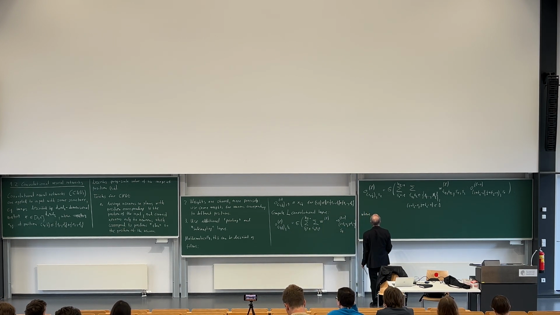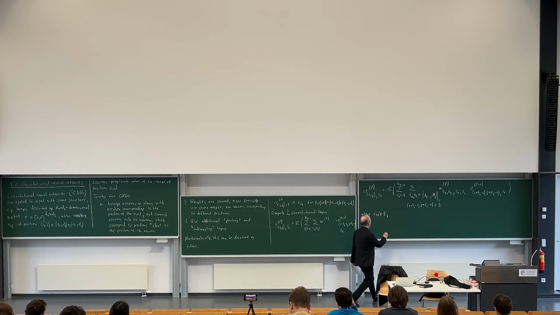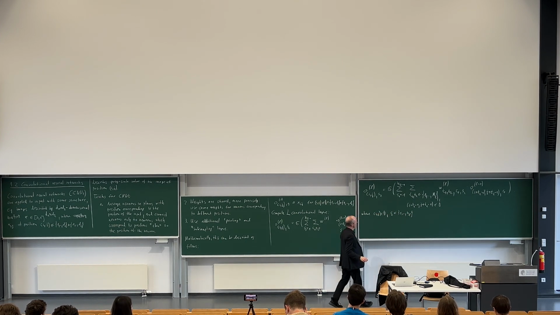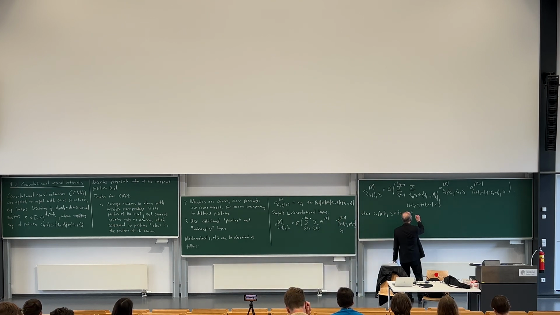So what do we have? We have (i,j) in D. You have L in 1 to capital L, and S2 is one of the number of neurons you have. That's K_L.